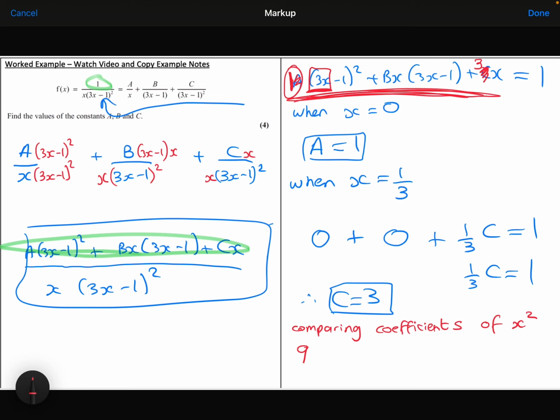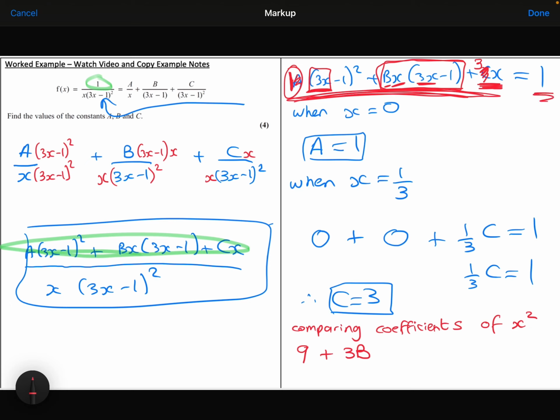Then looking at the next term, the b term here, if I expanded this, I would have x times 3x is 3x squared, multiplied by the b is 3b x squared. So that's the coefficient of x squared there. Let's continue looking along. The next term here, there aren't any x squareds there, so I don't need to worry about that.